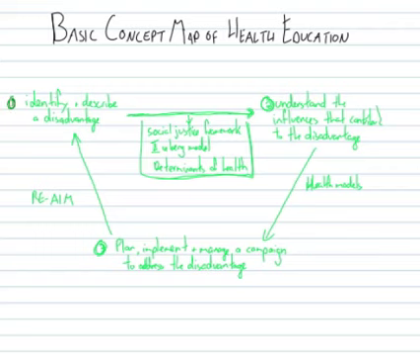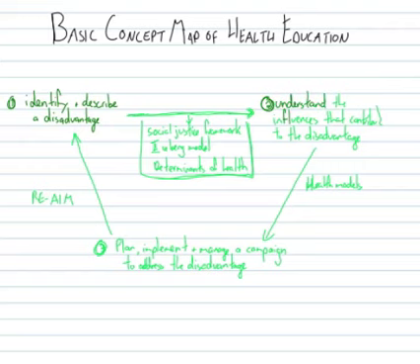We start anything in health education by identifying and describing a disadvantage. This is where we recognise an inequality in health between populations. Once we have identified that particular disadvantage, we seek to understand the influences that contribute to it.